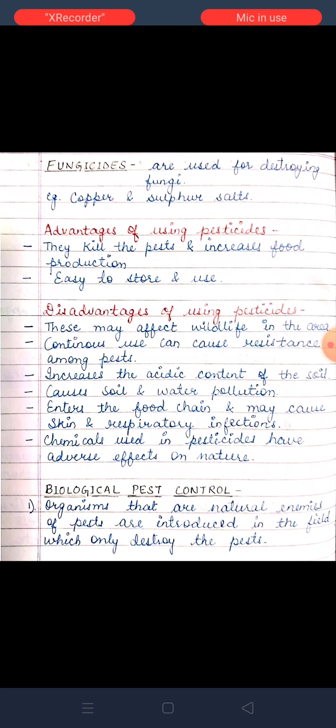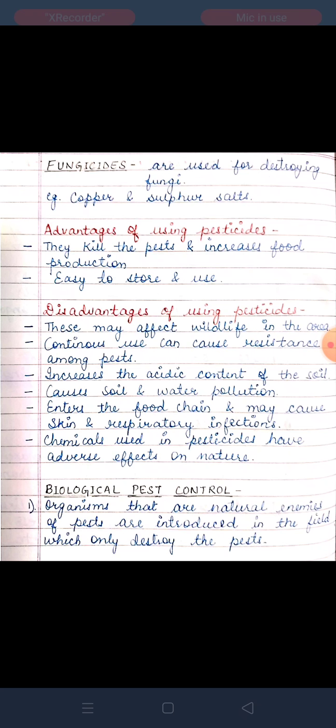There is a general thing that you have heard also: if we are taking a particular type of medicine, our body gets resistance to it. So it is true with these chemicals also. When continuous use is done for a certain type of pest, they become resistant to them, so the pesticides will not work on them again.